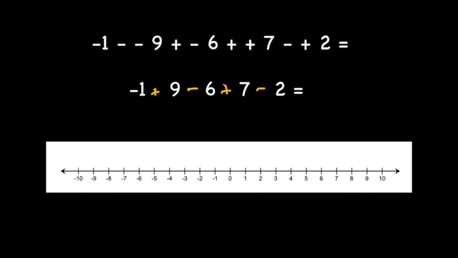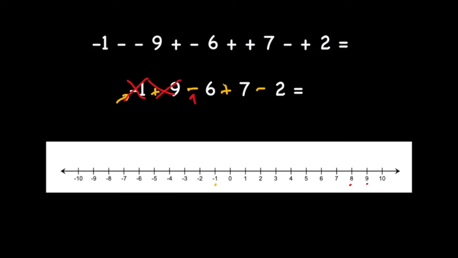We are now ready to proceed to the number line. We have -1 as our starting location. Once we're there, we forget about that negative sign. In fact, we forget about the integer and its sign in its entirety. The plus sign tells us to look to the right. We move 9 digits to the right, and we end up at a new location, +8. We forget about this +8.